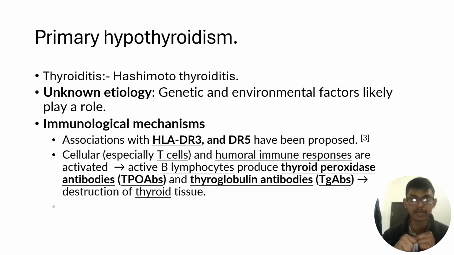There is antibody production towards TPO, the thyroid peroxidase, and thyroglobulin. So anti-TPO and anti-TG antibodies are produced, and this will destroy the thyroid tissue.